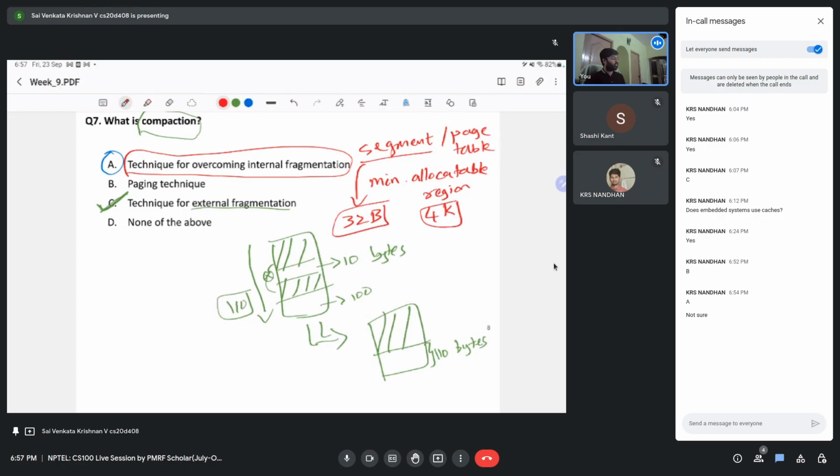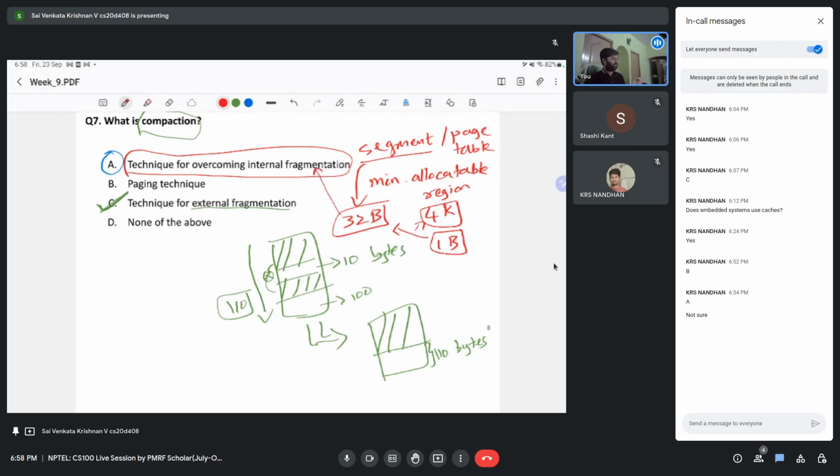So if you want to store a variable of size just 1 byte, the remaining space would be wasted, but still you have to use that whole segment or that page. So whatever wasted space is there as part of that segment, that is what refers to internal fragmentation.